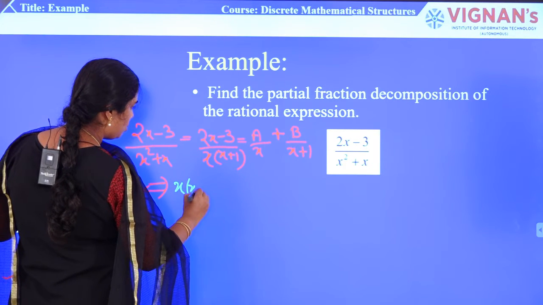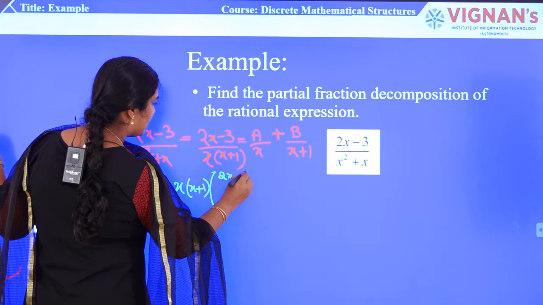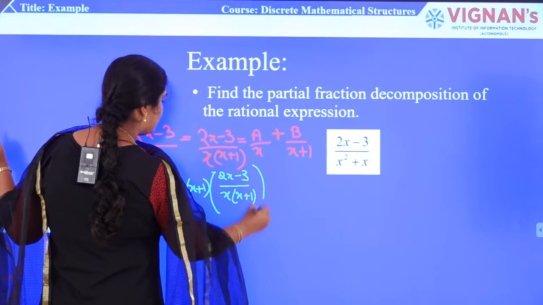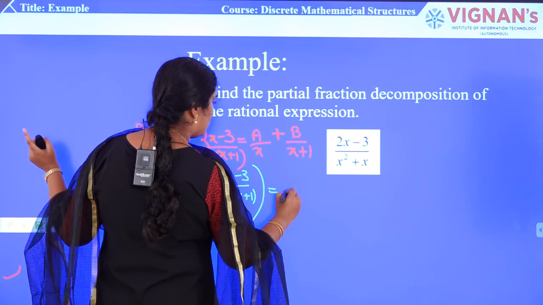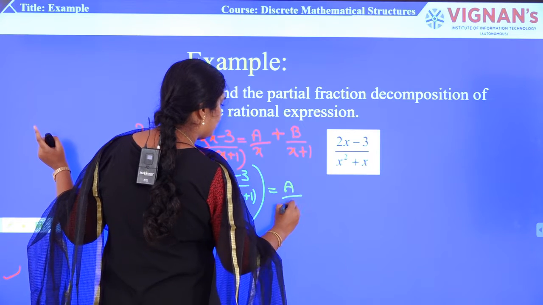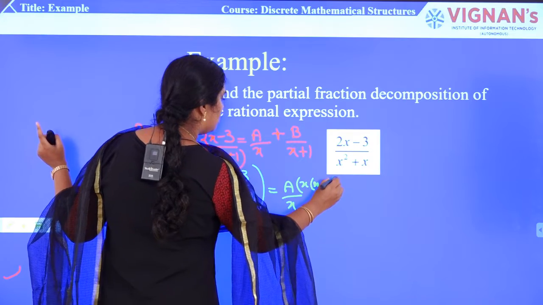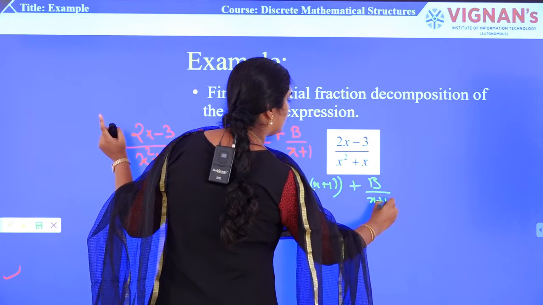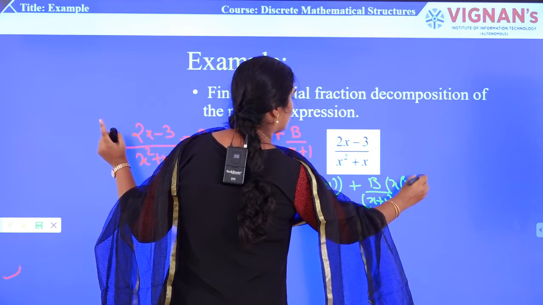So x into (x plus 1) into (2x minus 3) by x into (x plus 1), this is the LHS. Next, coming to the RHS, I will be multiplying individually: x into (x plus 1) times A by x, plus B by (x plus 1) into x into (x plus 1).